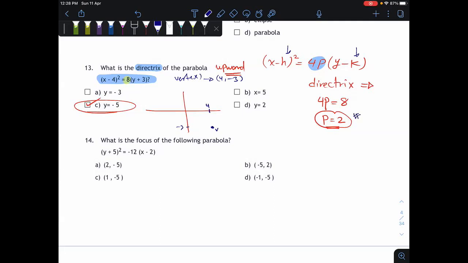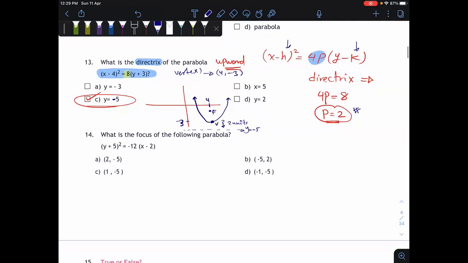The p is 2, so I'm going to move from the vertex 2 units up. We are at -3, so we go up 2 units to -1. We put the focus there, and the parabola opens up since p is positive. The directrix will be a horizontal line with the equation y equals -5, because you move down 2 units. So your directrix is y equals -5. Easy?